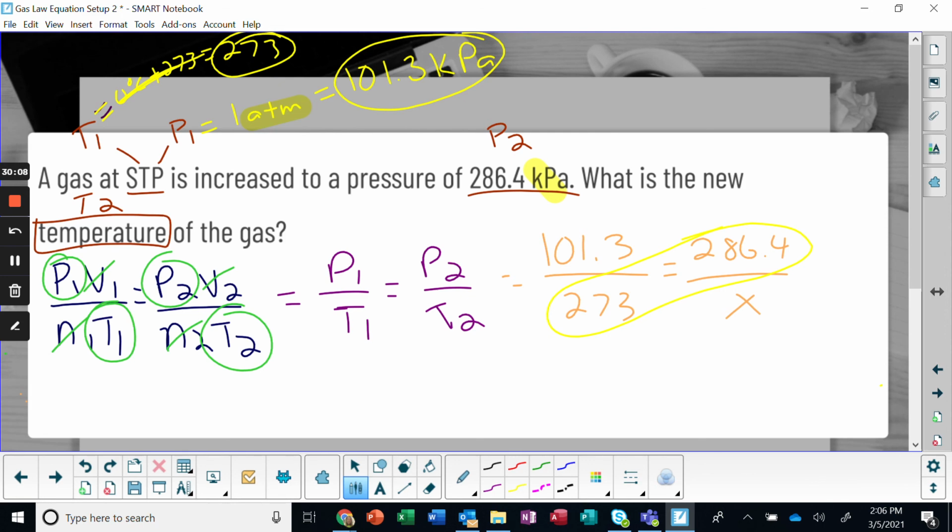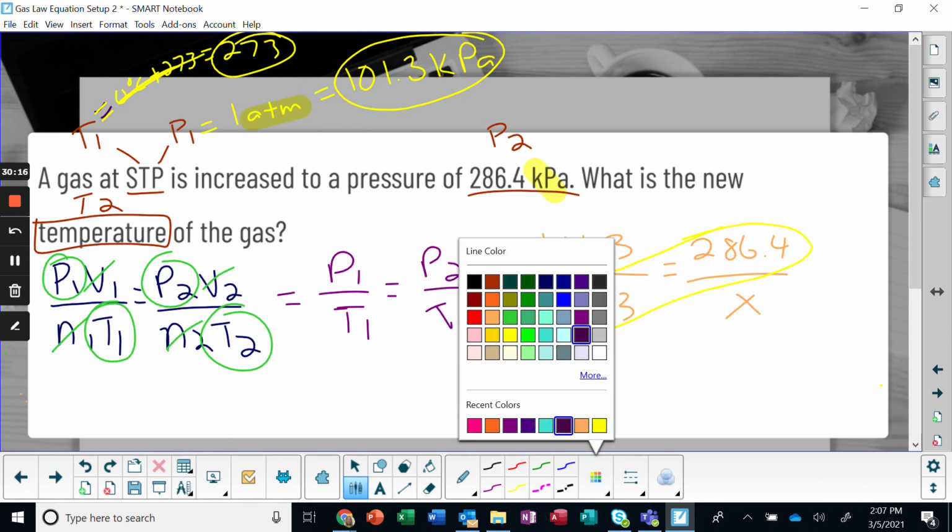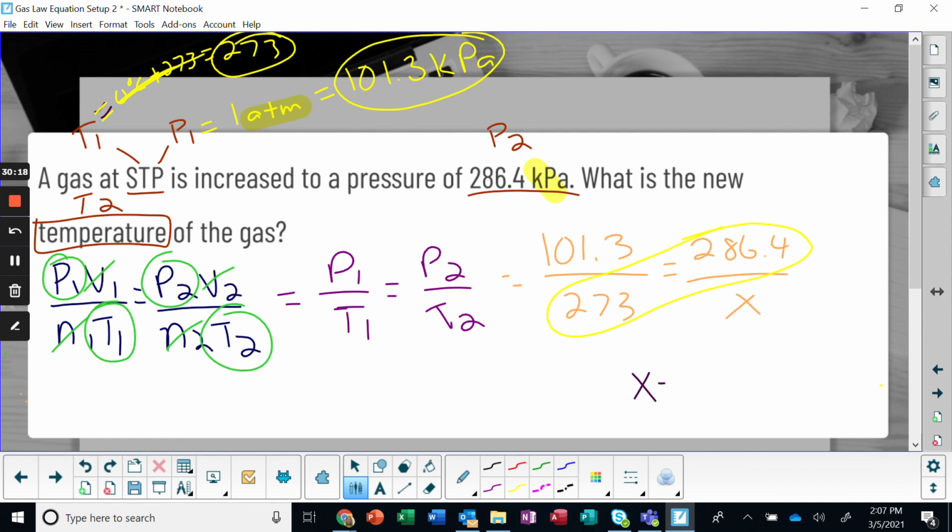So 286.4 times 273 divided by 101.3, and we get that X equals 772, because I am rounding, Kelvin.